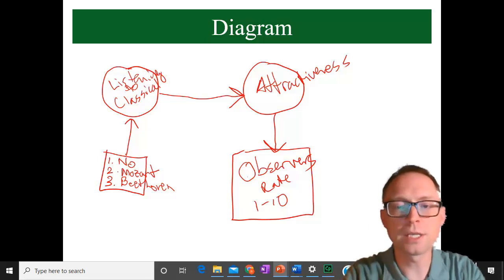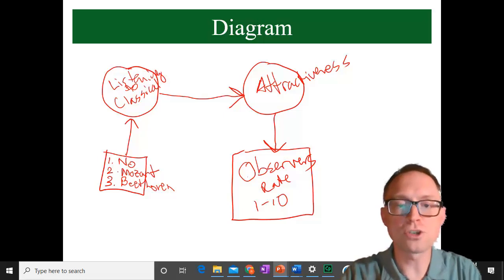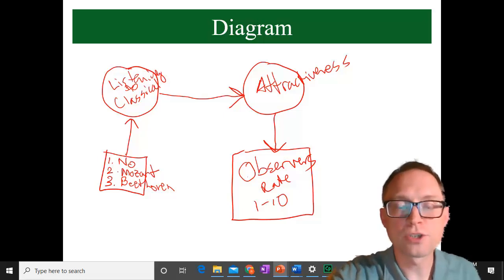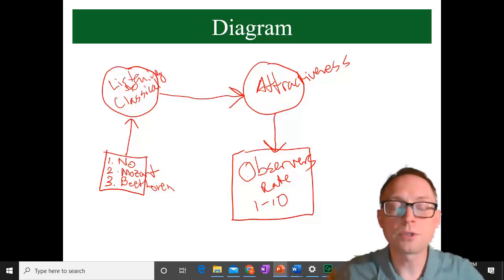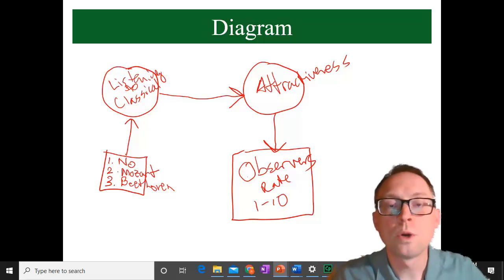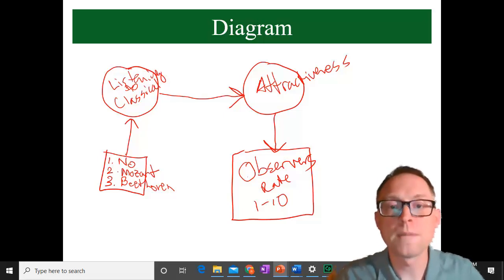Now, in this particular case, we have a measure that is an observational measure. If we have an observational measure, which one of these would not be a concern for our measure?